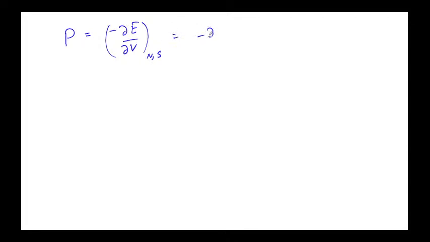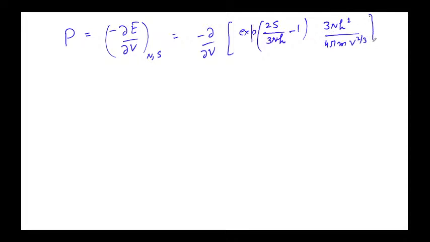So this we can write as minus ∂/∂V of exponential of 2S over 3nk minus 1 into 3nh² over 4πm V^(2/3). Only the terms which are a function of volume will remain within the derivative; all the other terms come outside. The exponential function is independent of volume, so it will come outside.